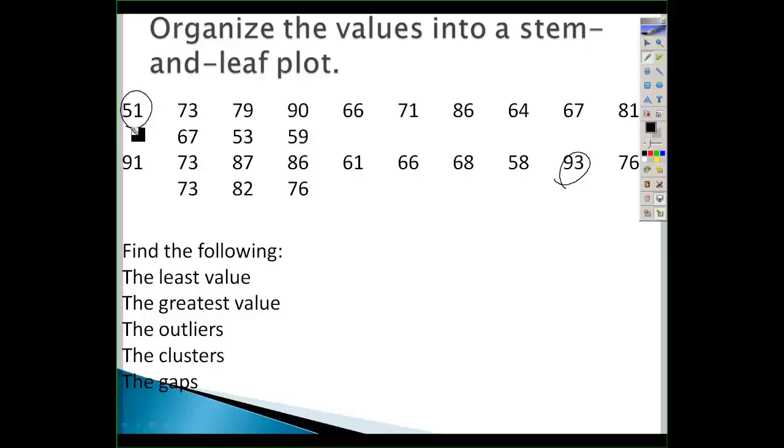Now, if 50s is the lowest and 90s are the biggest, I'm going to need my 50s through 90s. So I'm going to say 5, 6, 7, 8, and 9 is what I'm going to need for my stems. Now I can go through my data and put in my leaves. 51 means I'm going to put a 1 near the 5. 73, I'm going to put a 3 near the 7. 79, I'm going to put a 9 next to the 3.